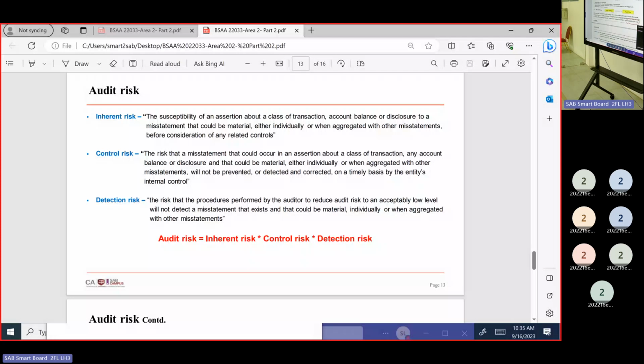Inflation, high material prices, those are business risks. Then again, audit risk is what? Issuing an incorrect opinion.